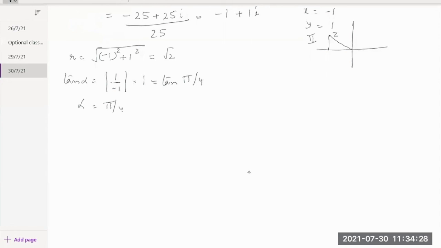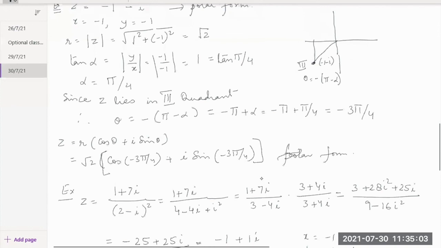So that means alpha is nothing else but pi by 4 over here. Now you have calculated r, you have calculated your alpha, you have decided upon the quadrant also. Since z lies in the second quadrant, theta will be simply pi minus alpha. If you refer to your diagram, let's quickly check that.